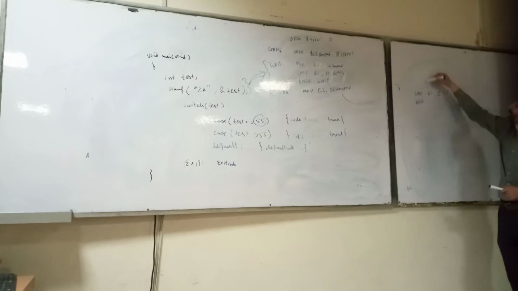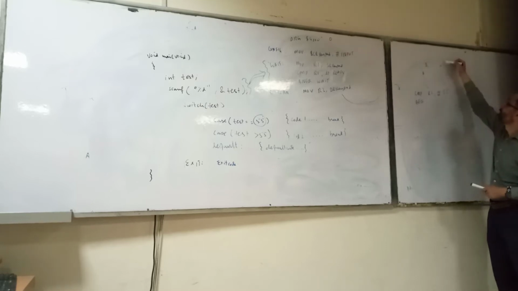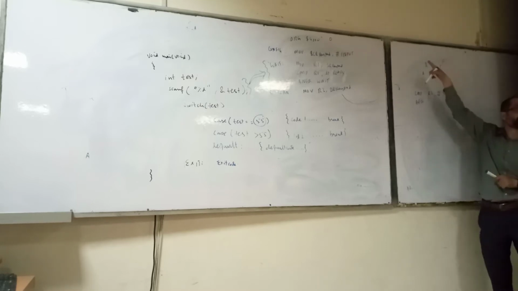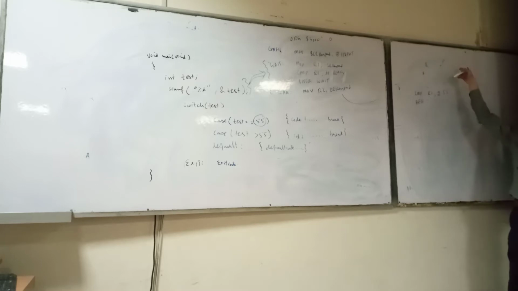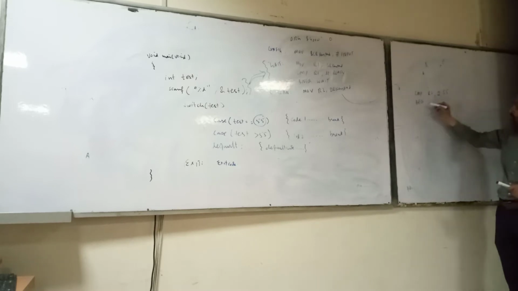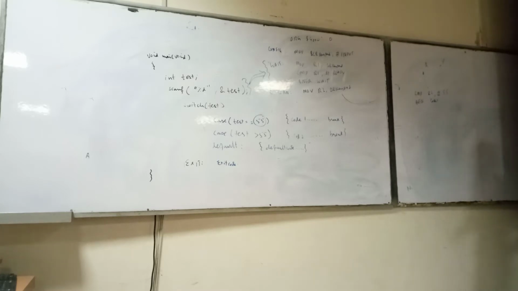If you remember, this is actually Q and this is actually P. It will compare the contents of Q and the contents of P. So if R2 is equal to 55, branch equal code 1. What is code 1?